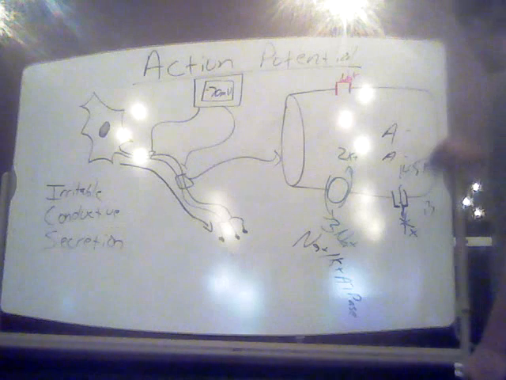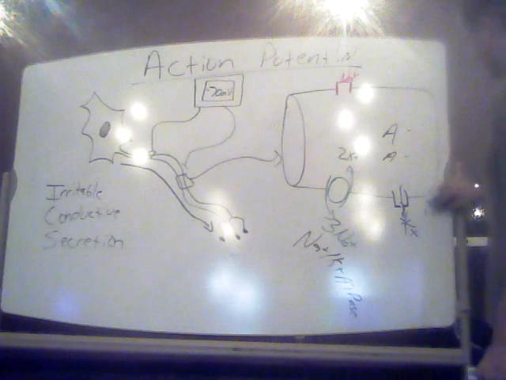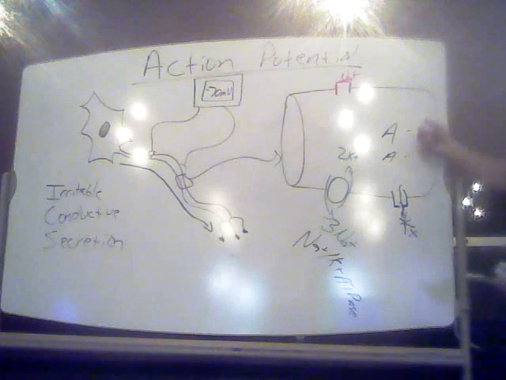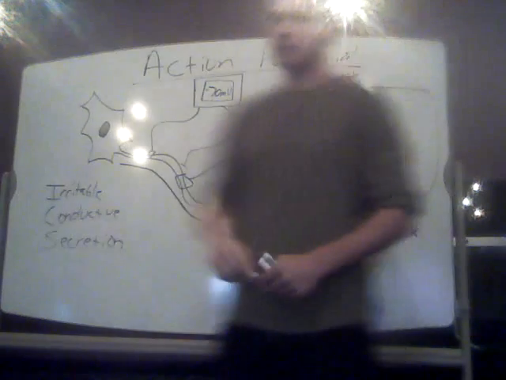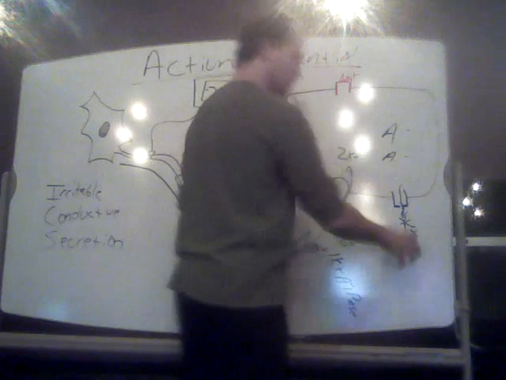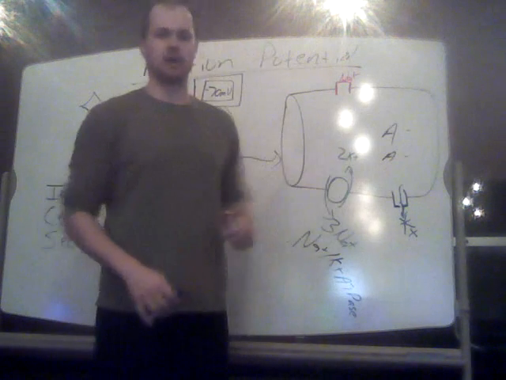Now, what's going to go on here is, every time a potassium ion leaks out of the cell, the inside is going to become predominantly more negative. By the laws of diffusion, there's a pushing force forcing potassium out of the cell.